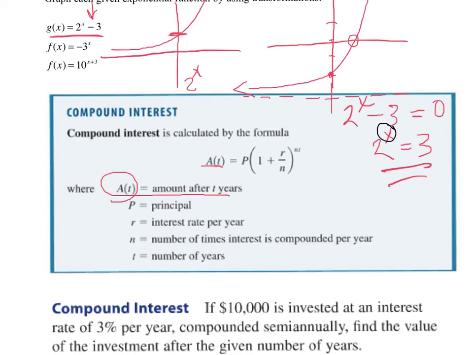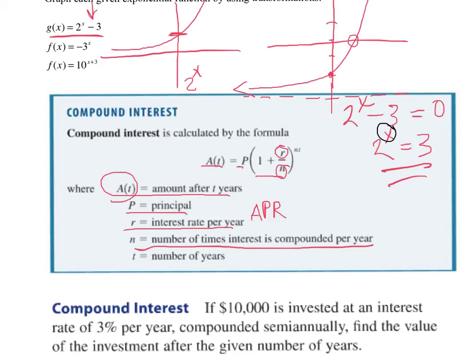A of t says take the value of p, which is the principal, the amount you invest, multiply it times this expression, which contains r. r is the interest rate per year, so it's an annual percentage rate, APR. And then n is the number of times the interest is compounded per year.